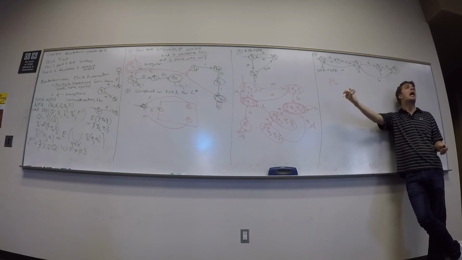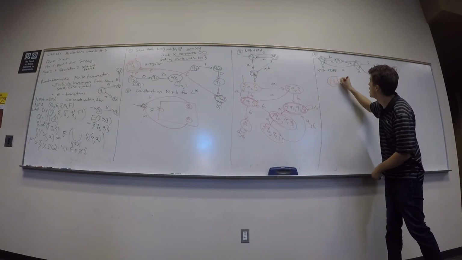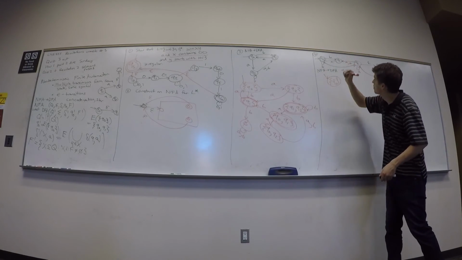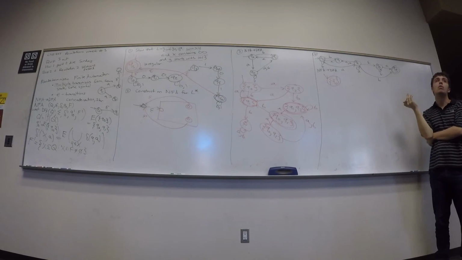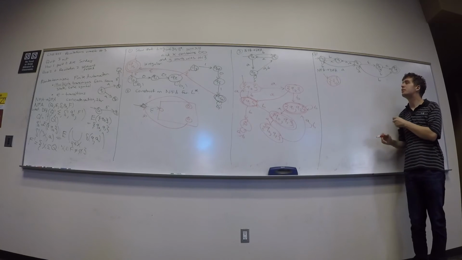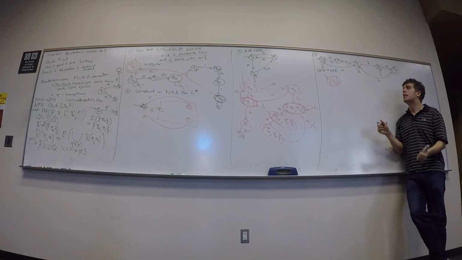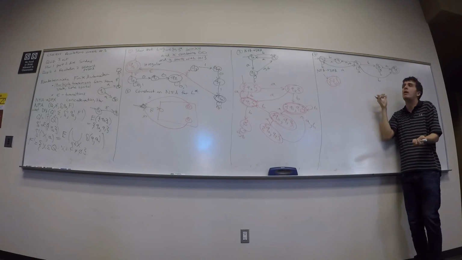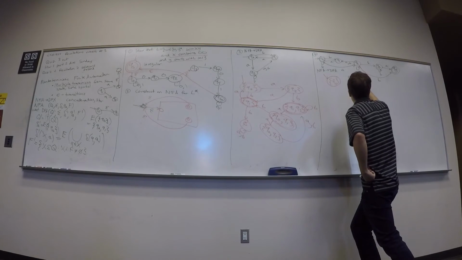No epsilon transitions out of Q0. So Q0 is going to be my state. Now we have to figure out where it goes on A and B. Let's do B first. Where does Q0 take me on B? Itself and Q1. I don't have a state called 0, 1, so I'm going to make that a new state, Q0, Q1.